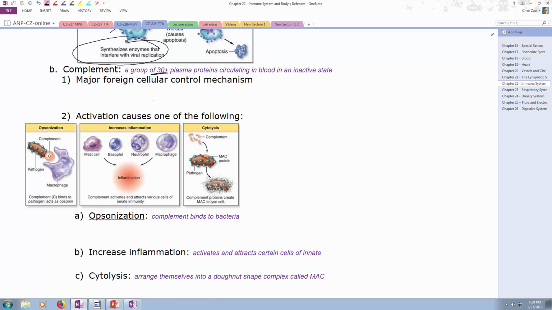But complement is our major foreign cellular, because a virus is not a cell, cellular control mechanism. So it's antimicrobial, which is bacterial, as far as most people recognize and think, plus bad tissue.